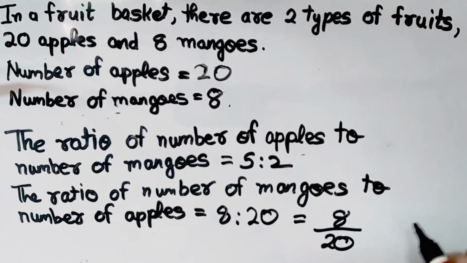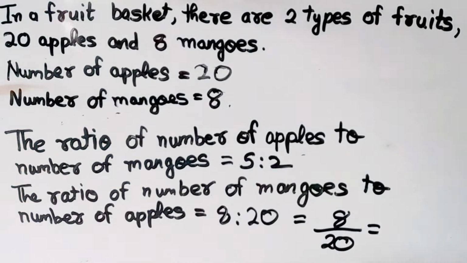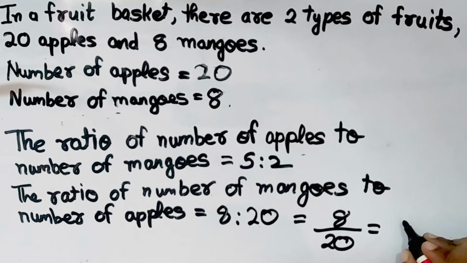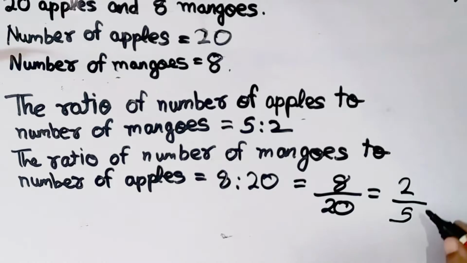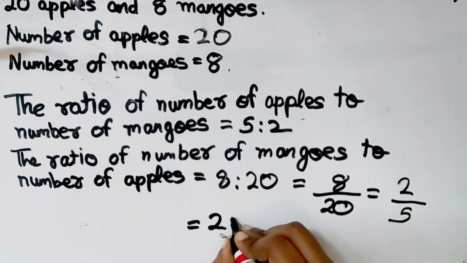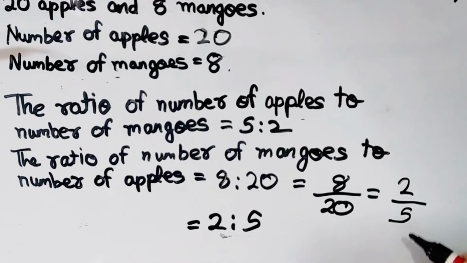So 8 upon 20, which is equal to, so we can reduce this further, that is we can divide these two numbers by 4. 8 divided by 4 will be 2 upon 20 divided by 4 will be 5. So 2 upon 5, which is equal to 2 is to 5. The ratio, how can you write it? See, it is coming 2 upon 5. So in ratio form how will you write it?